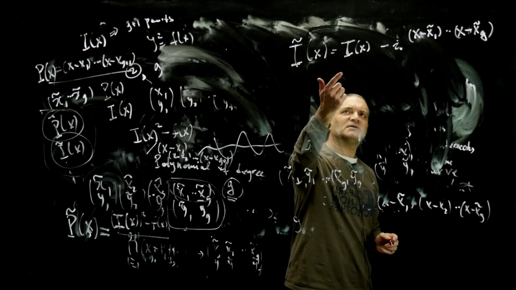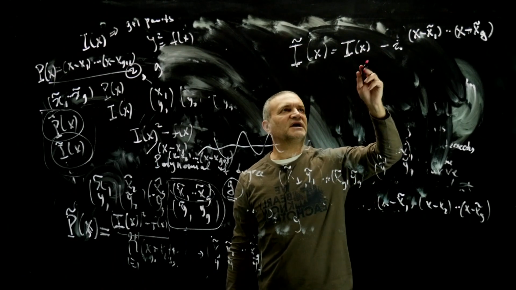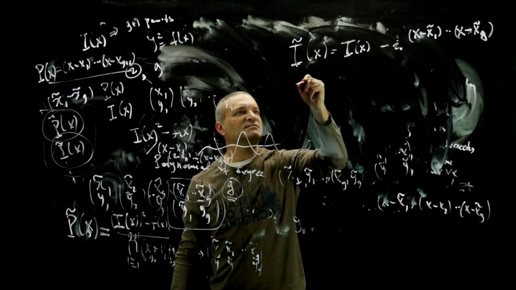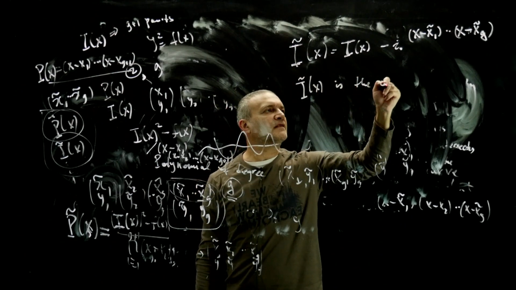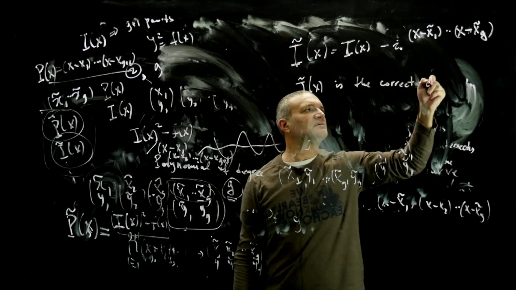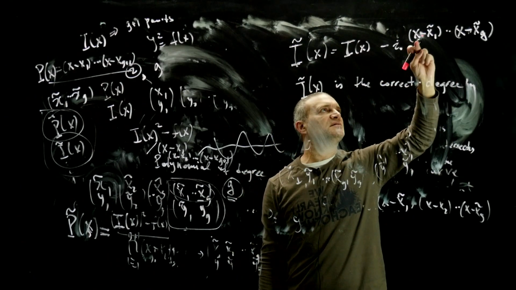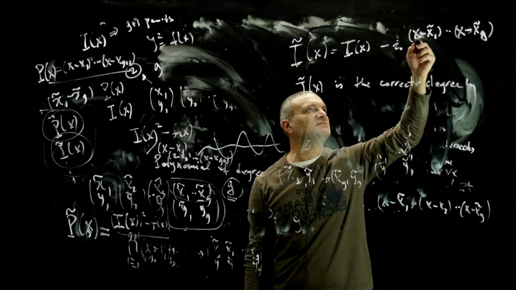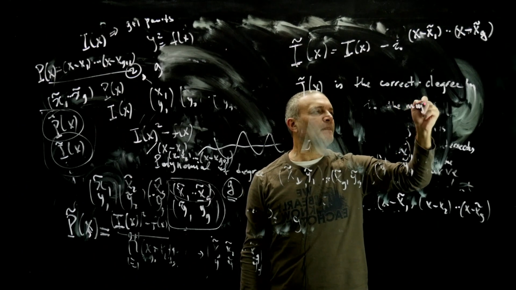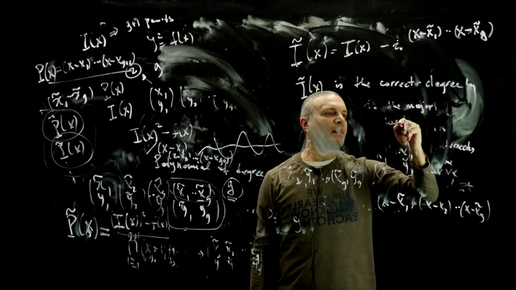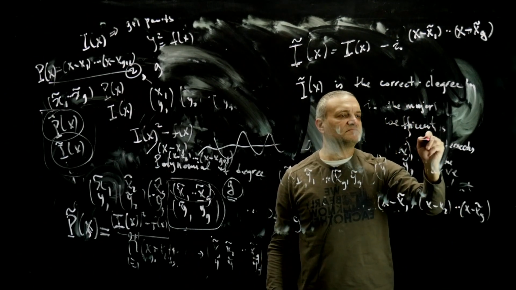Now, why does it work? Because observe. I claim that I tilde x is of the correct degree, provided that for x minus x1 tilde through x minus xg tilde, we take I0 to be the major coefficient of ix.